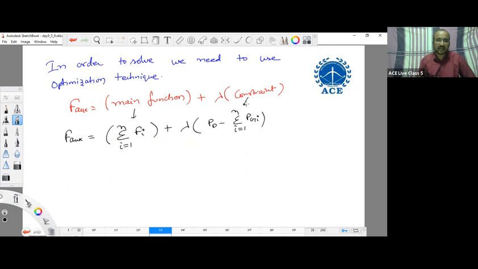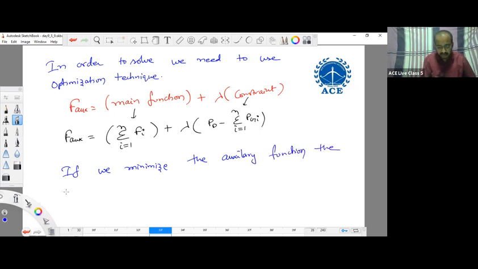So if we minimize the auxiliary function, the main function will be minimized and the condition will also be satisfied.